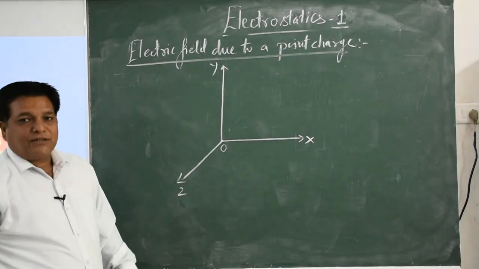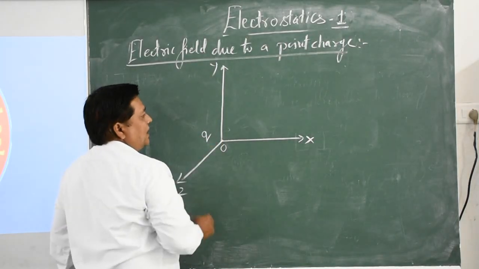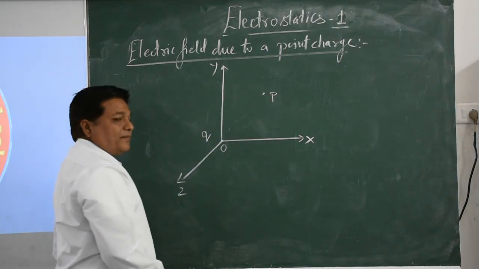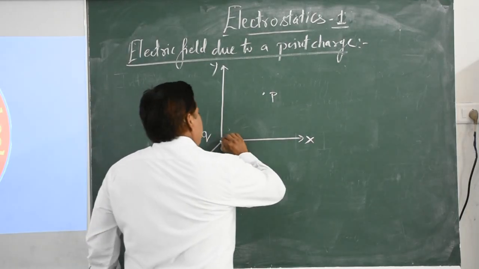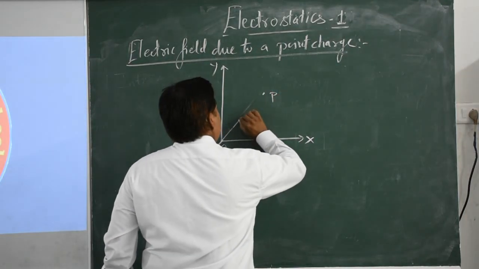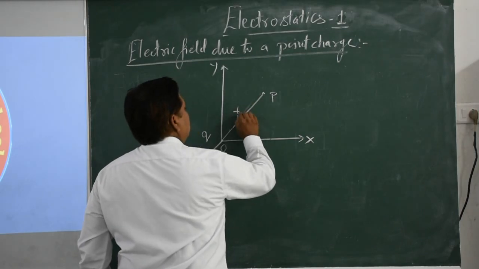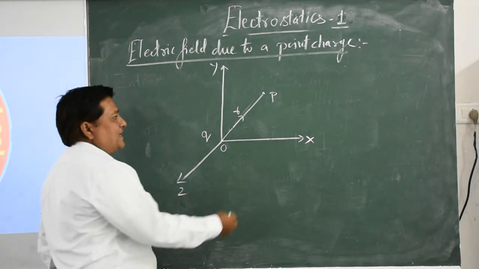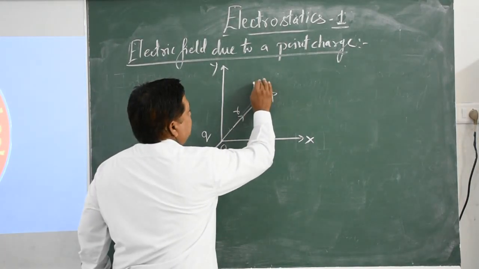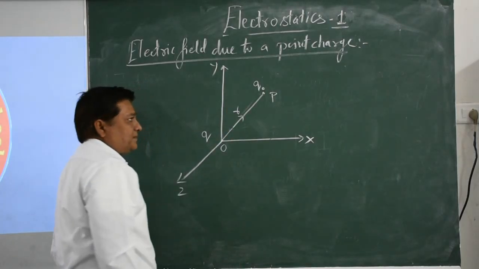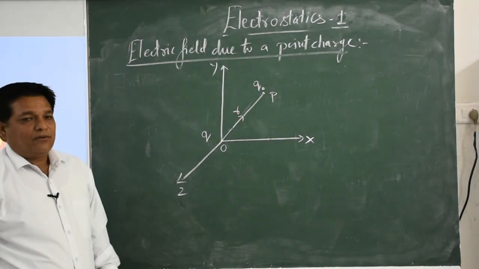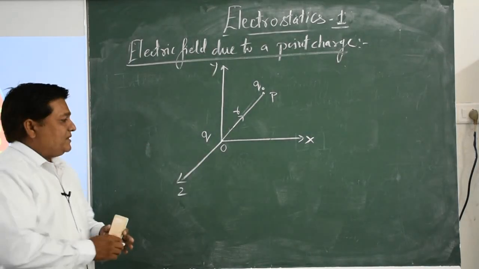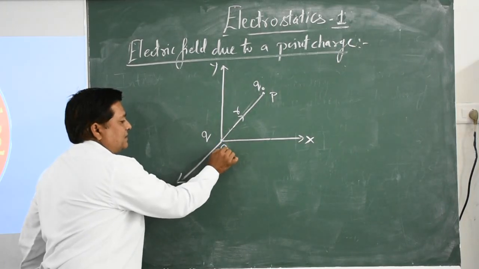We consider a source charge q at the origin and we consider one point P in the coordinate frame. The distance of the point P from the origin is considered to be r. We assume that there is a test charge at point P, Q naught. Q naught is the test charge. We have to find out the electric field due to this point charge which is placed here at the origin.